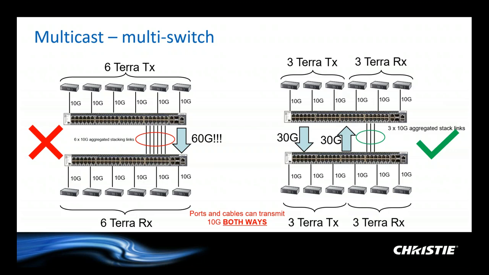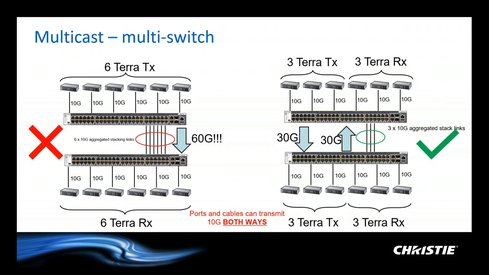because you're only ever going to use up a maximum of 30 gigabytes going from top to bottom, because there are only 3 TX and 3 RX on the top and 3 TX and 3 RX on the bottom. And you're only going to have 30 gigabytes going back the other way. So you only need, in this example, 3 10 gigabyte links between the switches.